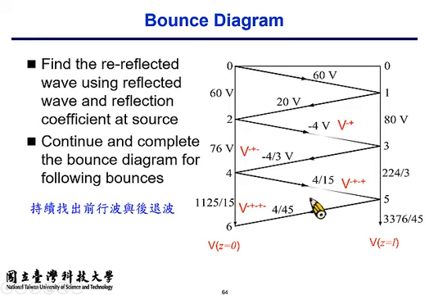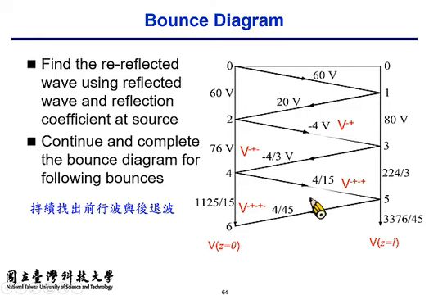And this process can continue infinitely. At time equals 3 microseconds, you will observe V plus, V minus, V minus plus, and V minus plus minus, which is minus 4 times 1/3, that is minus 4/3. So the total voltage here is 224/3. Well, I bet you are starting to get tired, right?